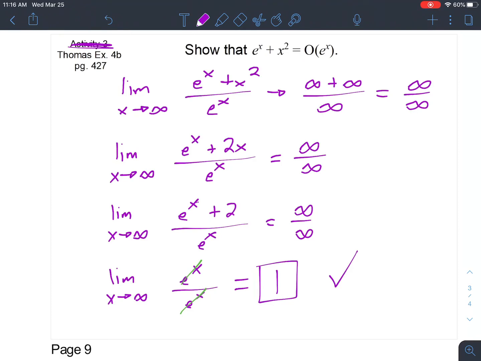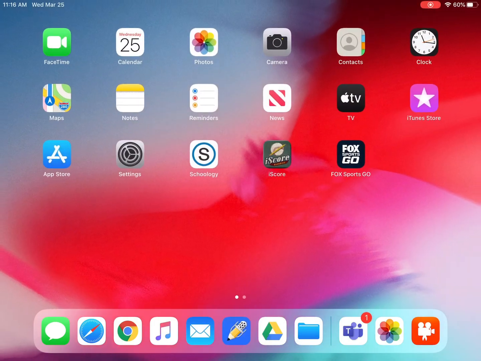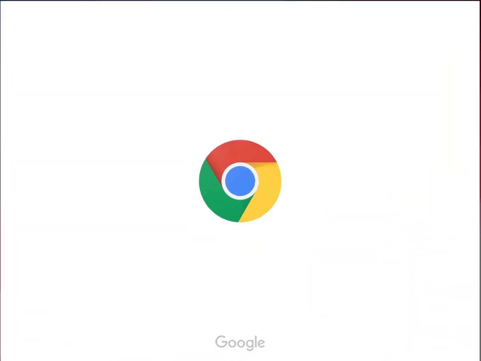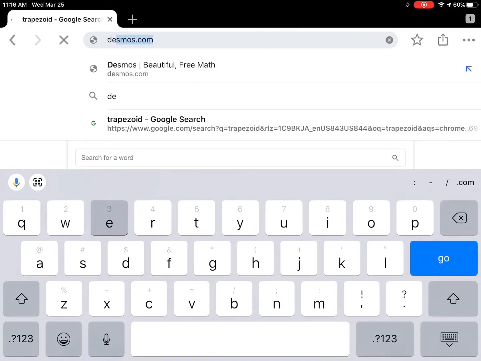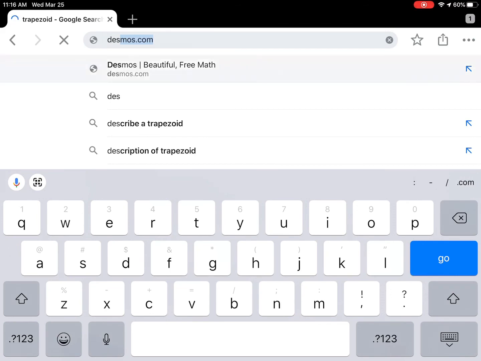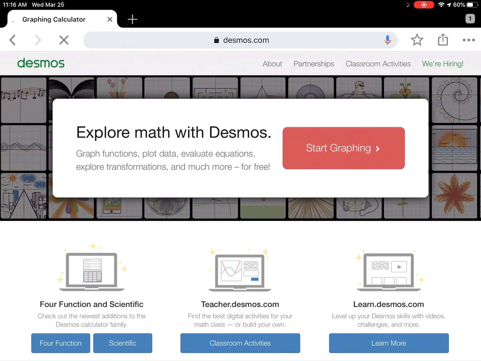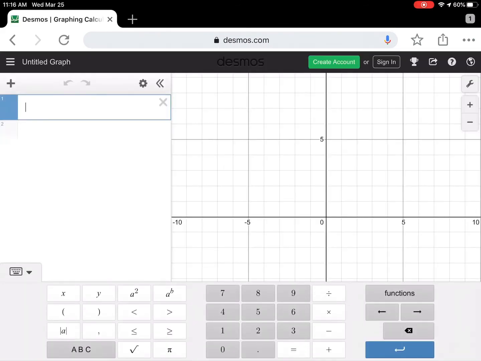One thing that I could do actually just to kind of demonstrate that to you as well, this is the first time I've tried doing this, I guess. So what we are going to do is I'm going to take you over to Desmos. You can see that I searched a trapezoid recently. And I'm going to graph both of these functions.